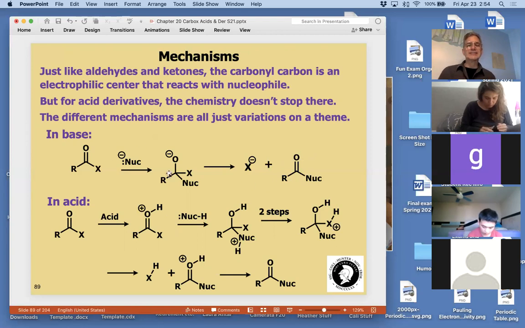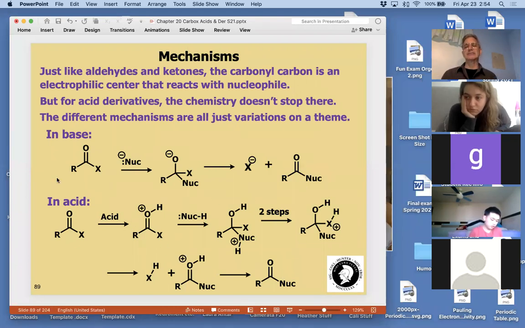So in base, it's addition, elimination. That's easy. In acid, it's protonation, nucleophile addition, deprotonation, reprotonation, 2 steps, and then loss of the leaving group and deprotonation. So acid catalyzed mechanisms are always longer than base catalyzed mechanisms. But these are the core mechanisms for all carboxylic acid derivatives, but there are a lot of variations on these themes.